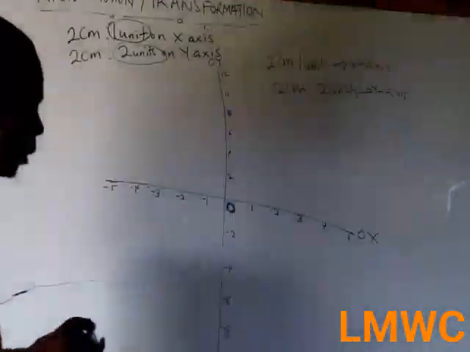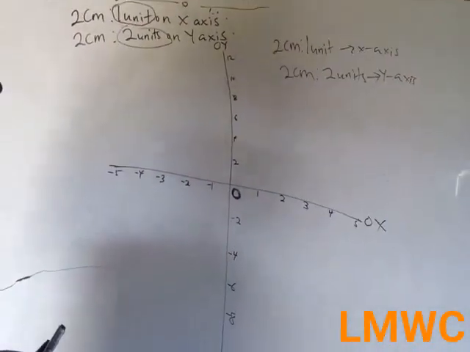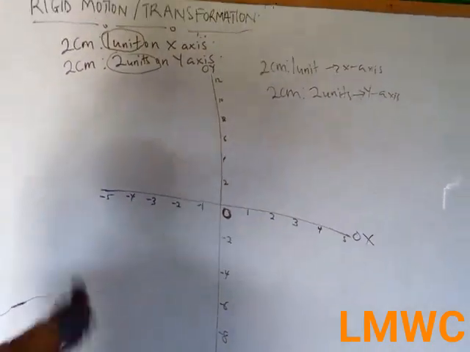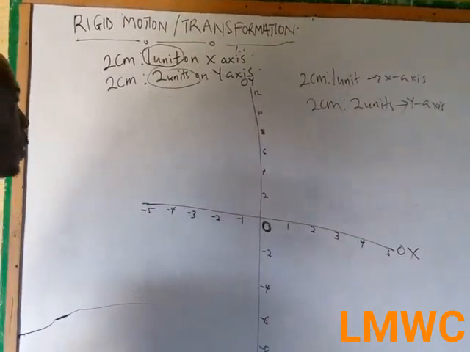Now that we know how to label our graph, we are going to take certain headings under rigid motion.